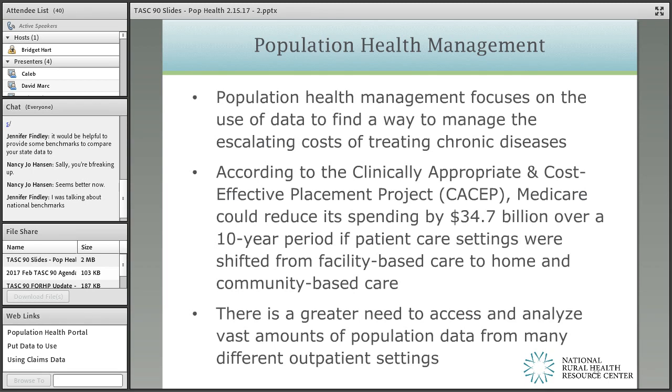And really when we talk about population health management, what we're talking about is an endeavor to focus more on the use of data to find ways to manage the escalating costs of treating chronic diseases, and to better support the treatment and disease management of patients across the country.